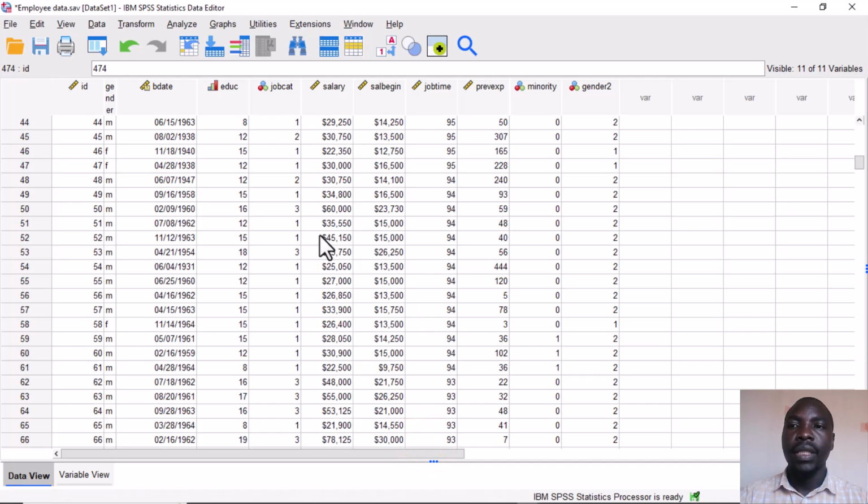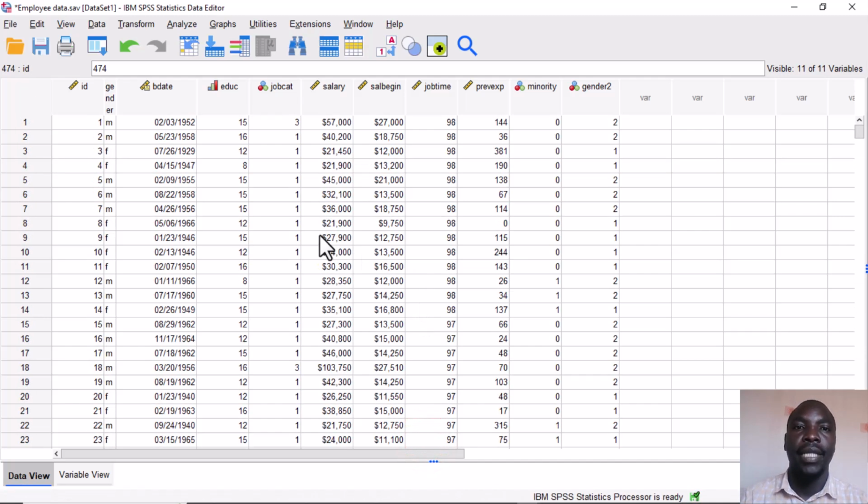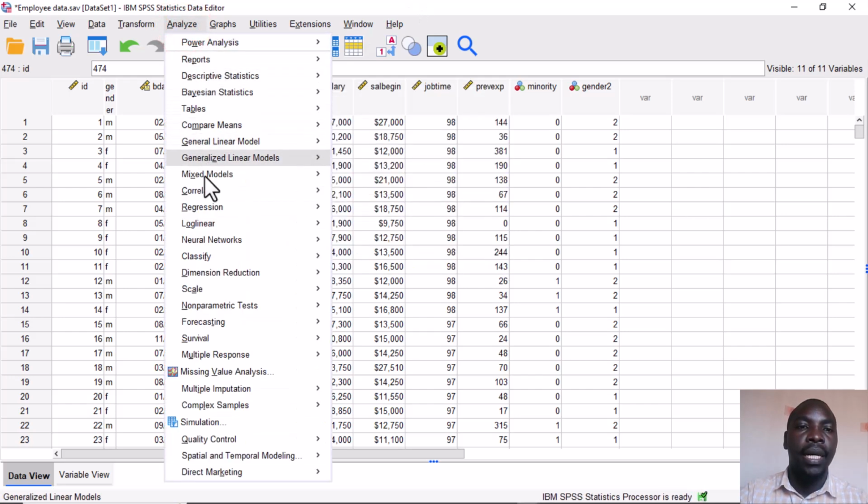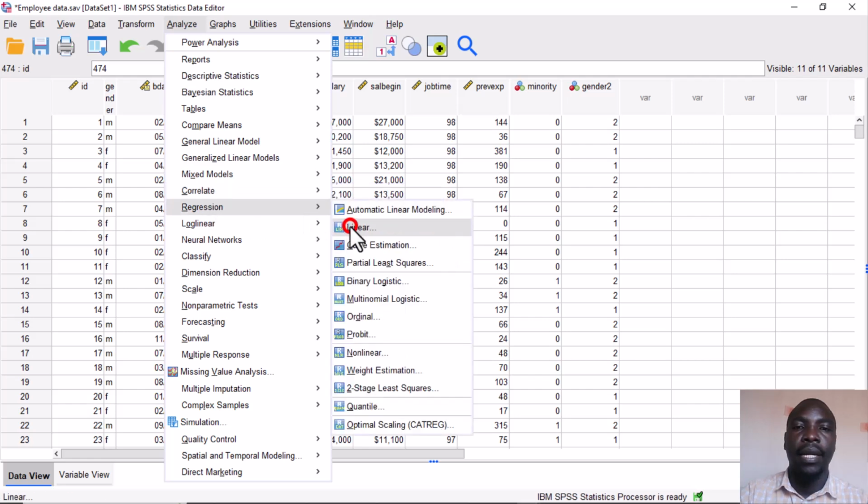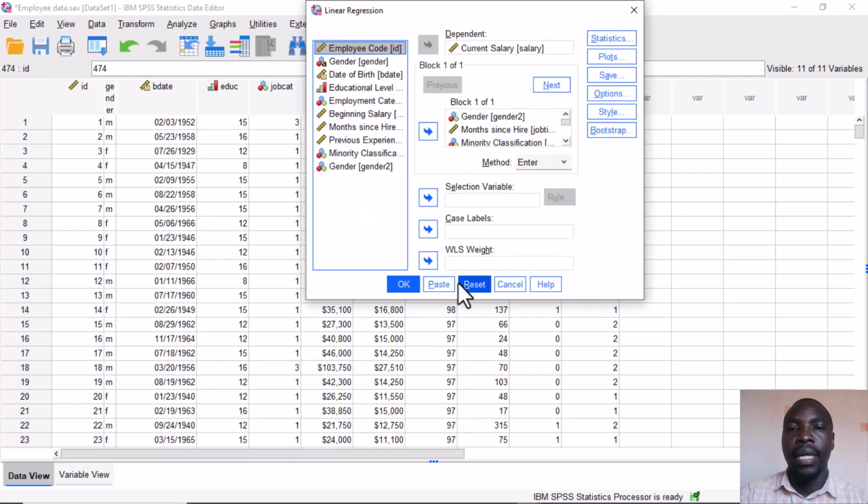So, since we do not have adequate sample size, we are going to our data and run bivariate analysis. That is basically running one variable against the outcome, only 2 variables, the outcome versus the independent variable. Then we look at our overall p-value. So here we would say analyze, go to regression, go to linear regression, and then I just want to remove these other variables.